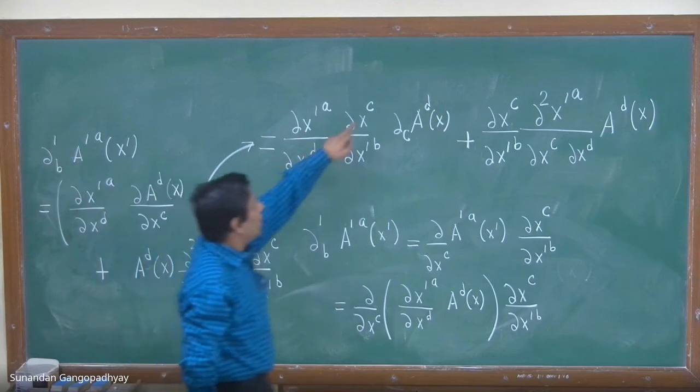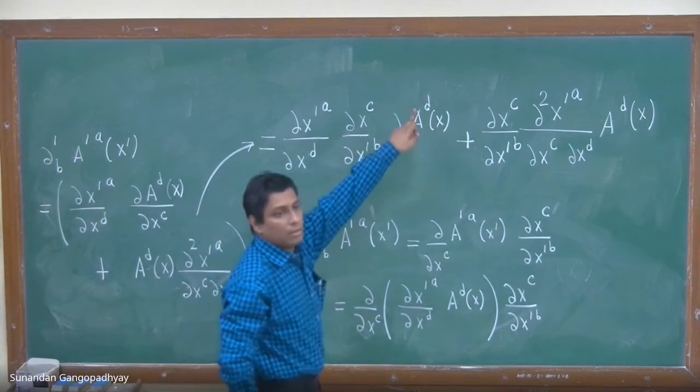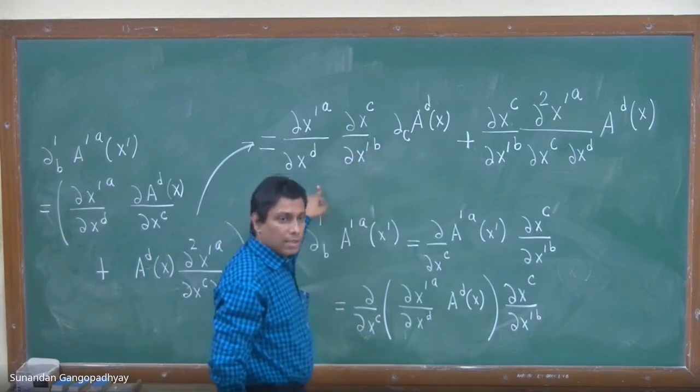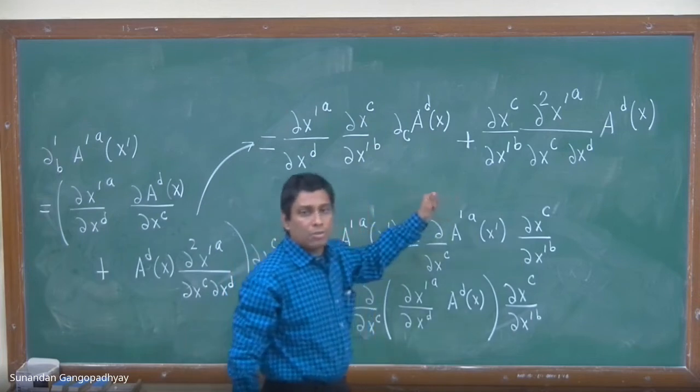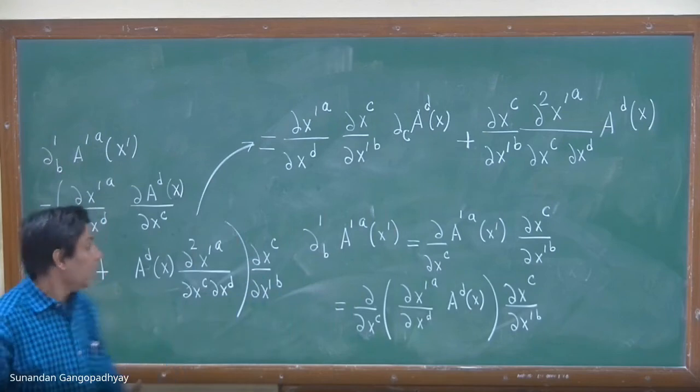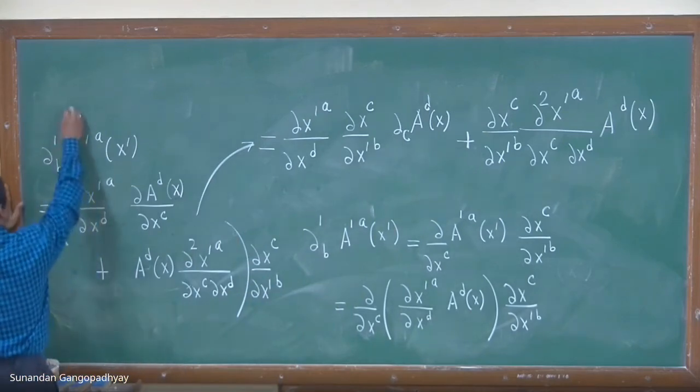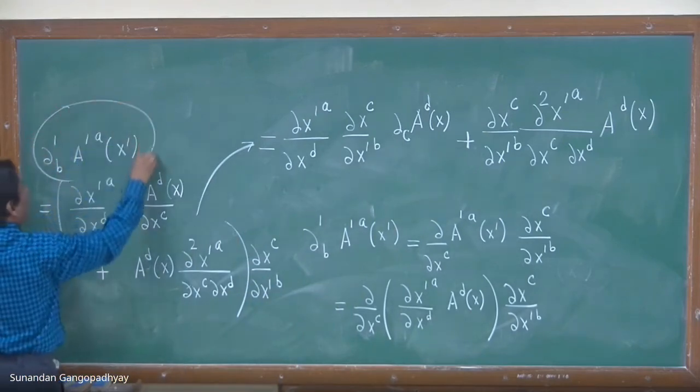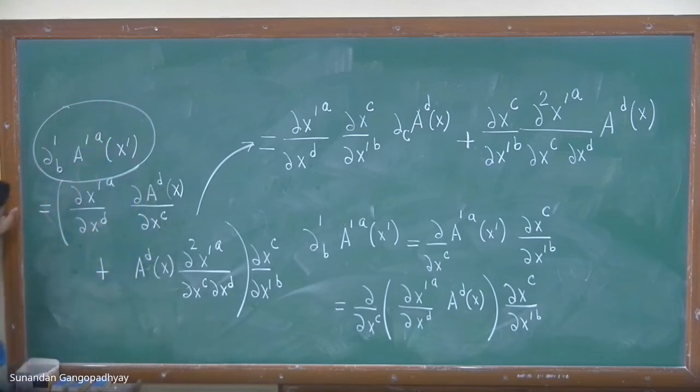So this transforms like a tensor. But what spoils the tensorial property is the second term. This does not transform like a tensor, and therefore this quantity does not transform like a tensor. It does not have a tensorial property.